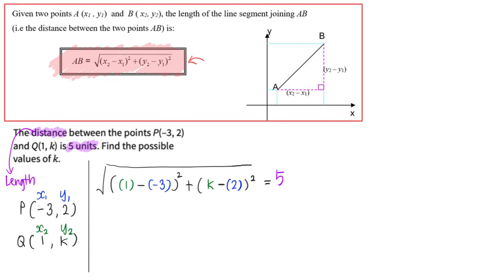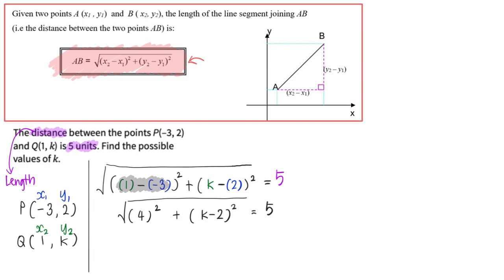Alright, so the next step would then be for me to continue to simplify it. This is 1 minus -3. This will be 4 square plus k minus 2 is still k minus 2 bracket square. The square root equals 5.